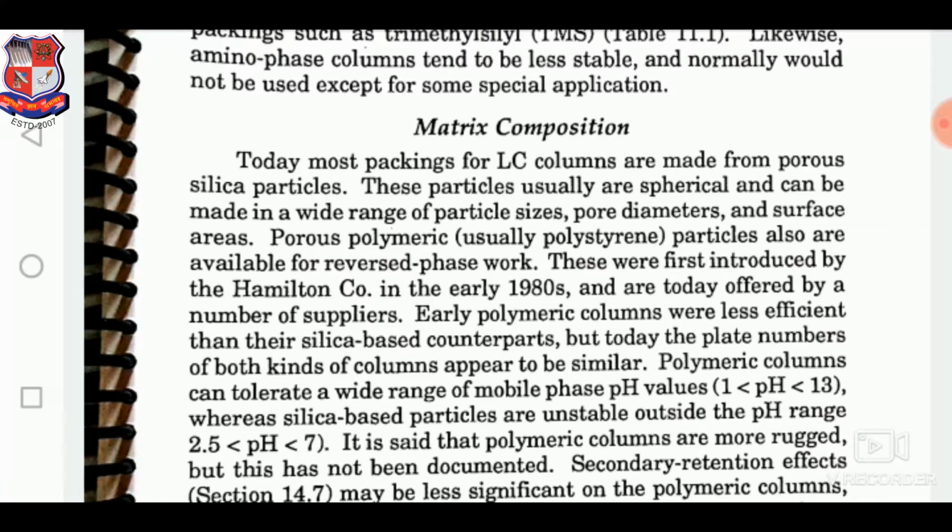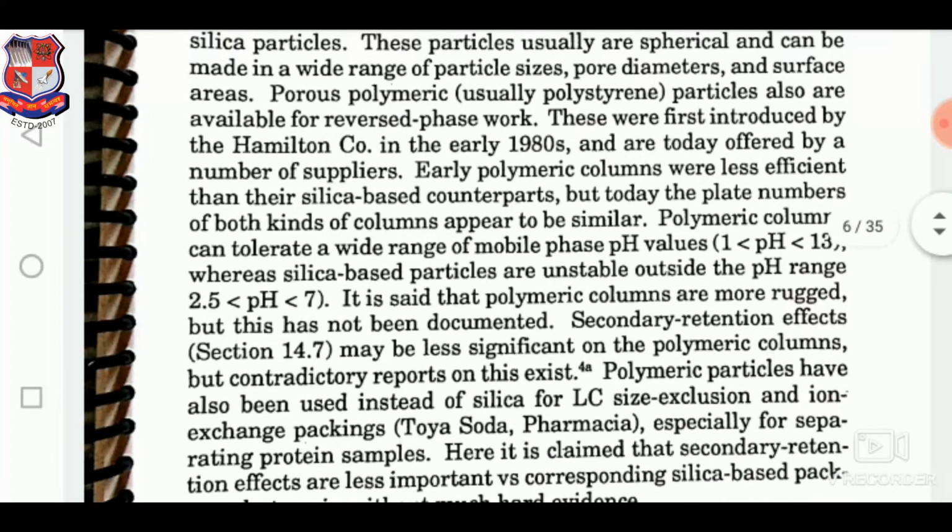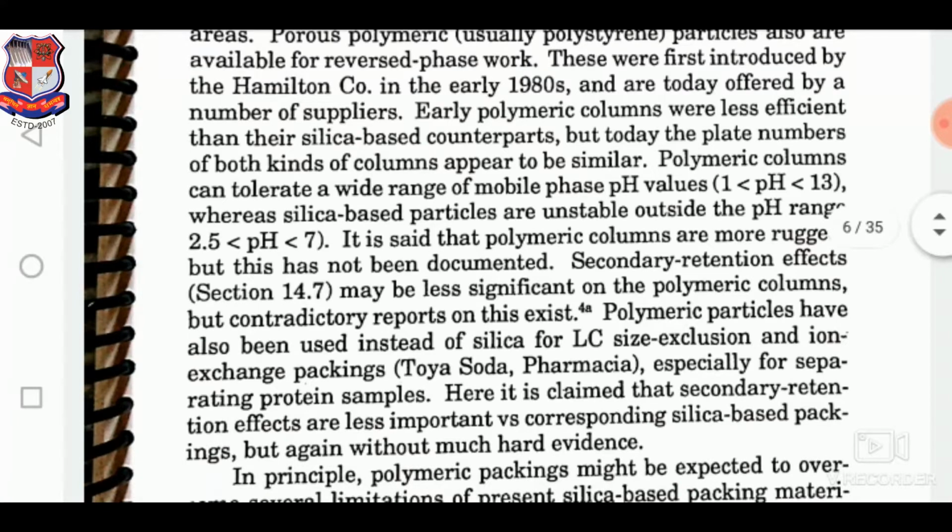Generally, polymeric columns can tolerate a wide range of mobile phase pH, from less than pH 1 to 13, whereas silica based particles are unstable outside the pH range of 2.5 to 7. So if the packing is silica based, the operator should take care that the pH of the mobile phase should not go below 2.5 or above 7.